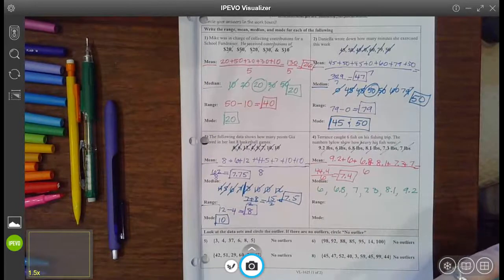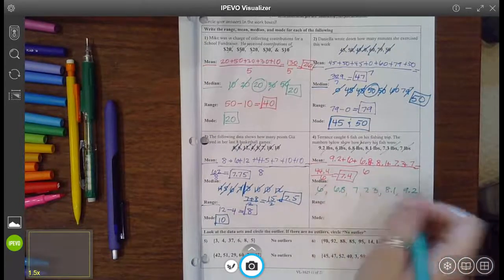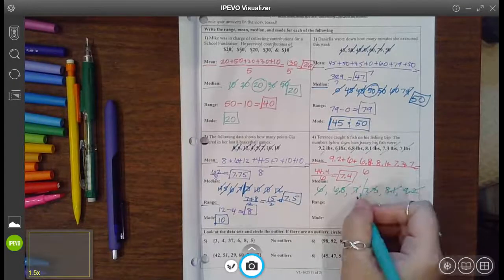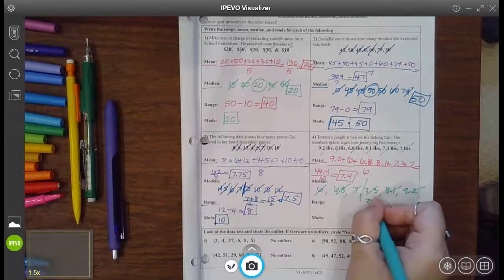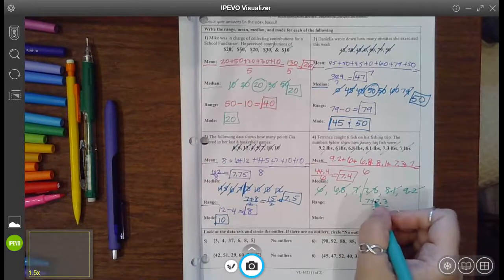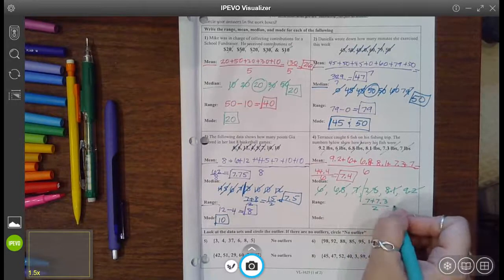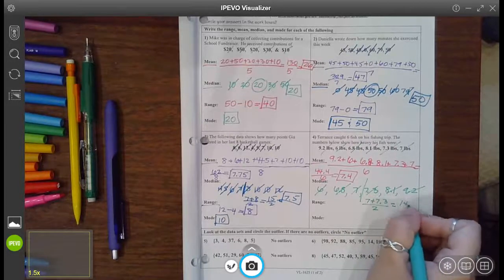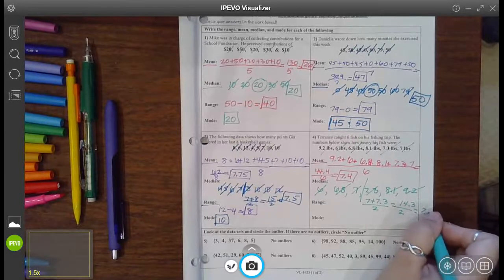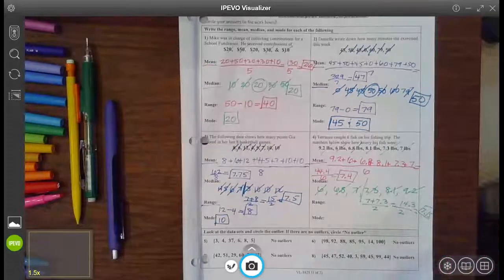Perfect. Now find the median. So first, last, first, last, first, last. So it's between 7 and 7.3. So this one I probably will want to definitely find the average. 7 plus 7.3 is 14.3, and 14.3 divided by 2 is 7.15 for that median.